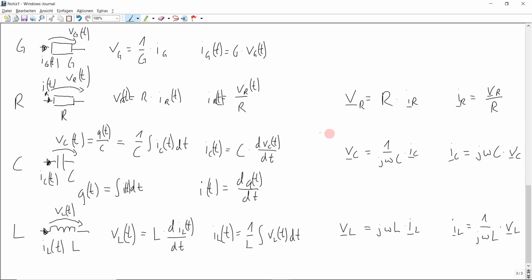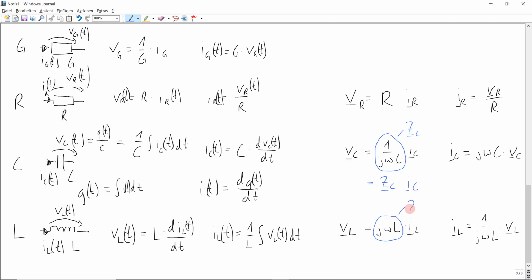And so how do we call this? And how do we call this here also? This quantity has a name. This is impedance, exactly. So this is what we call ZC. And so then we could also just simply write it's ZC times the current.